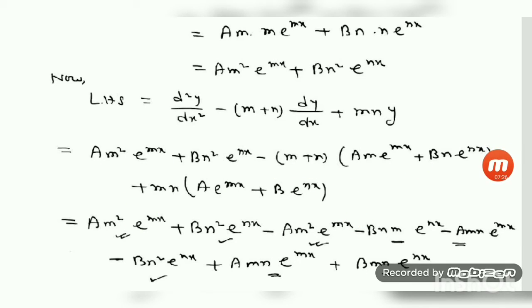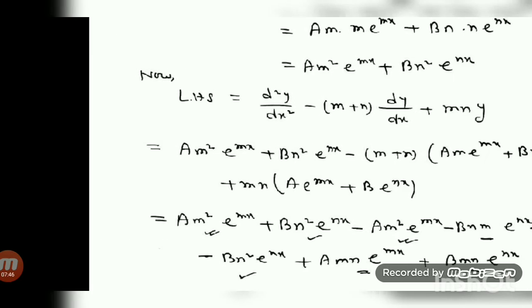Now open the bracket. Simply I just do multiplication and open the bracket where necessary. Keep it as it is, this one also repeats as it is. M into this one, that is am square e to the power mx. Minus, this is bmn e to the power nx. Again minus, amn e to the power mx. Minus bn square e to the power nx.